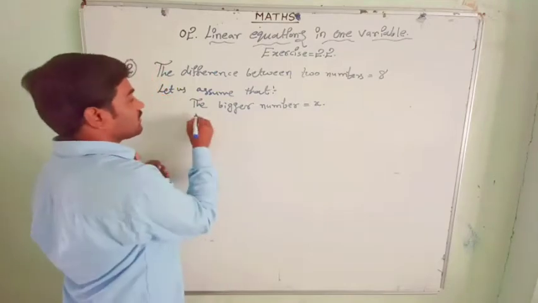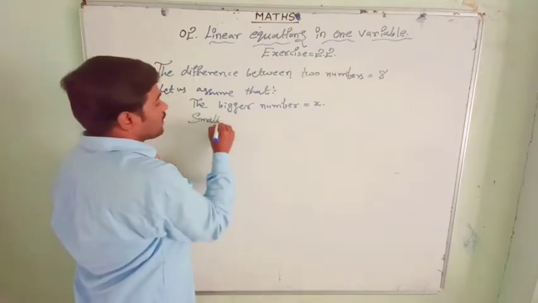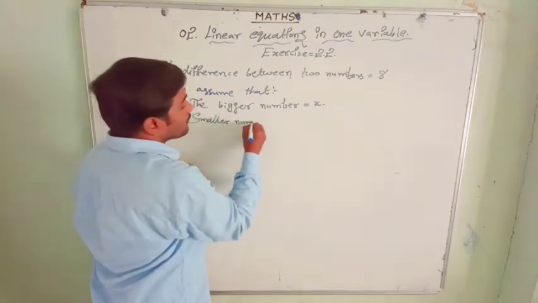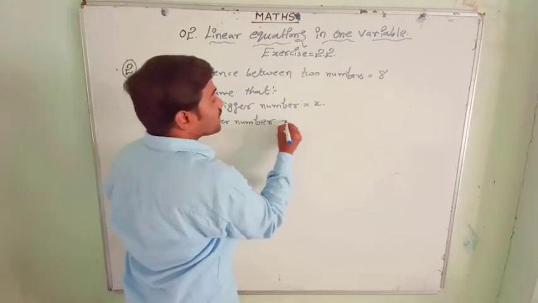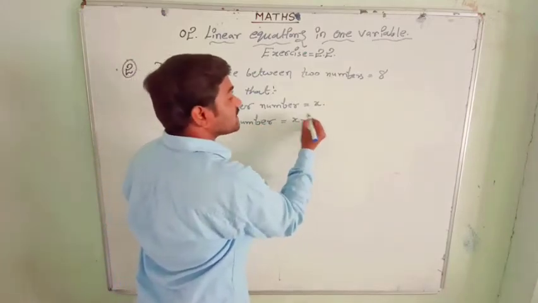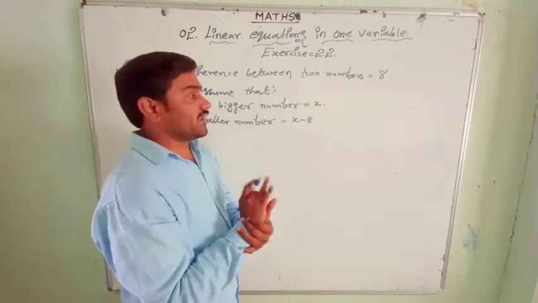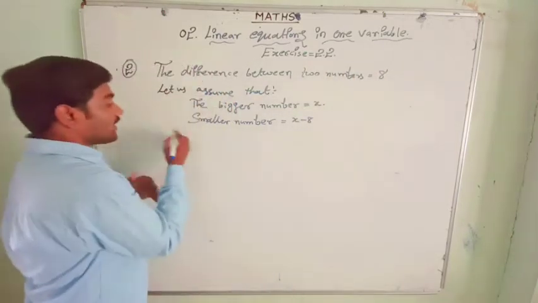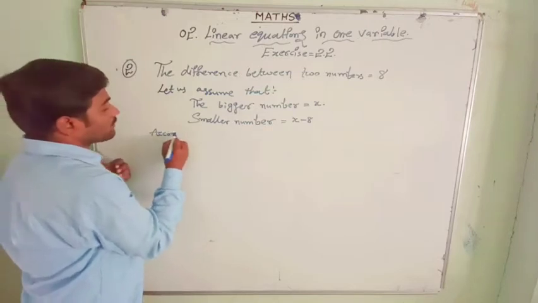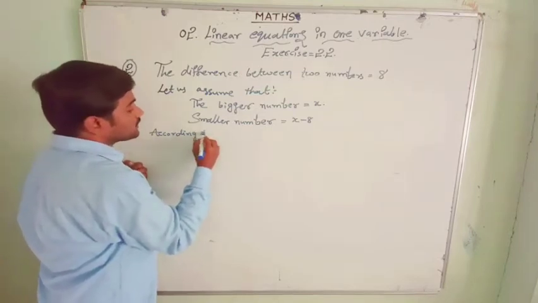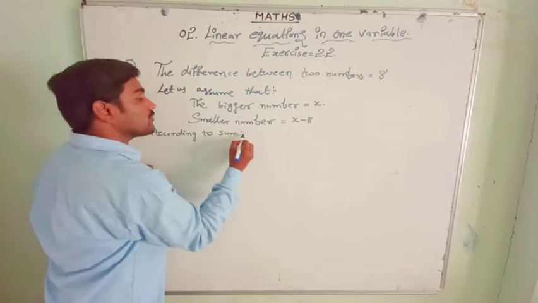Then what is the smaller number? The smaller number is x minus 8. From the bigger number, if you subtract 8, you get the smaller number. Now according to the problem, what do we get?